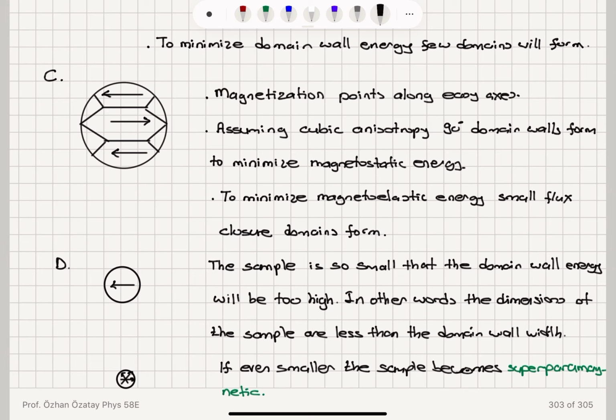Okay, so that means the anisotropy energy, the uniaxial anisotropy constant times the volume, now becomes comparable to thermal energy, leading to random alignment for magnetization. So random magnetization will result.